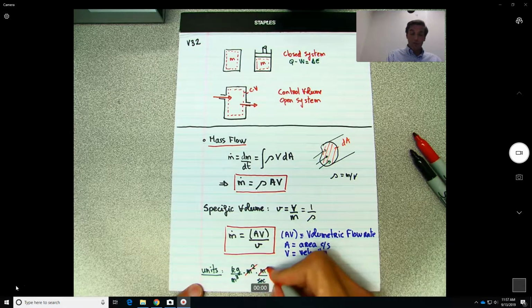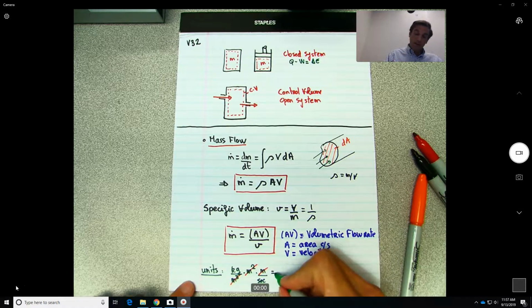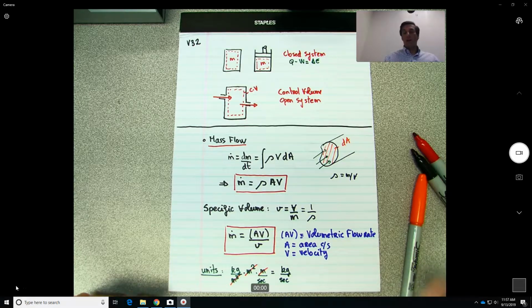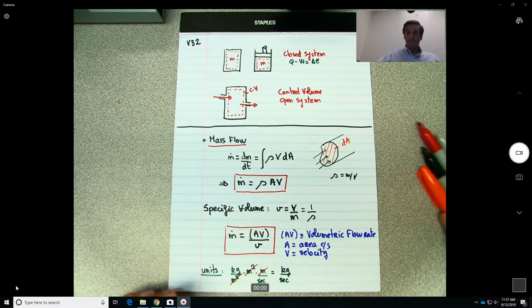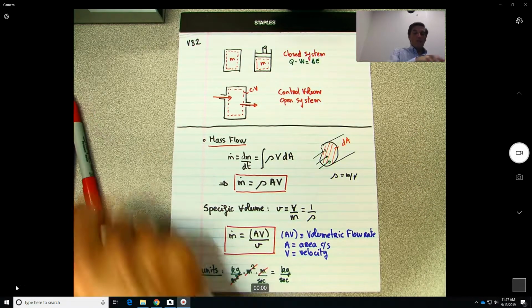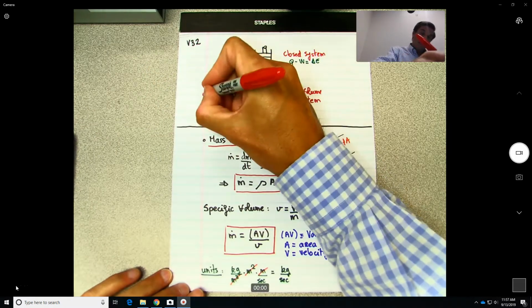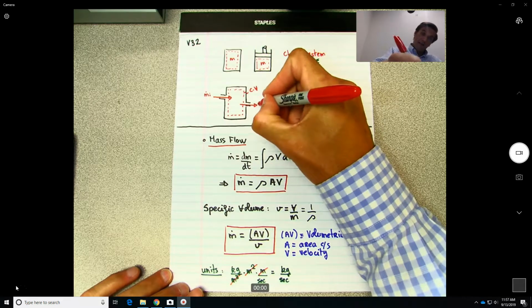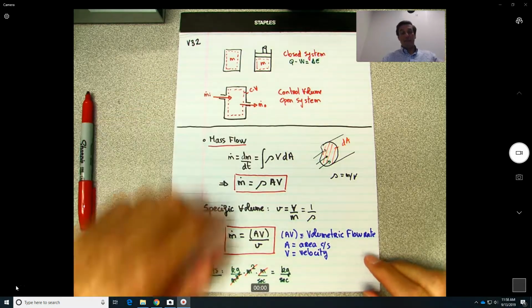This one will cancel, so at the end what we have is kilograms per second. All right. Now that we know how to define the amount of mass going in and out, we are able to define this type of system.